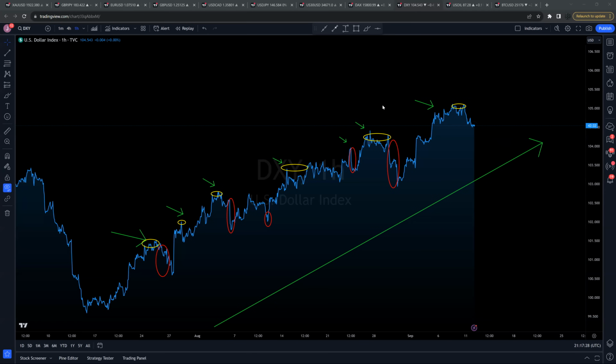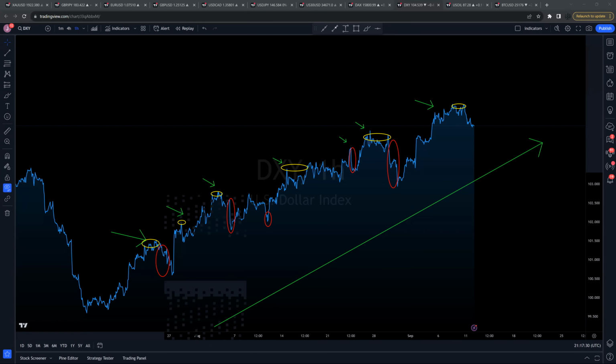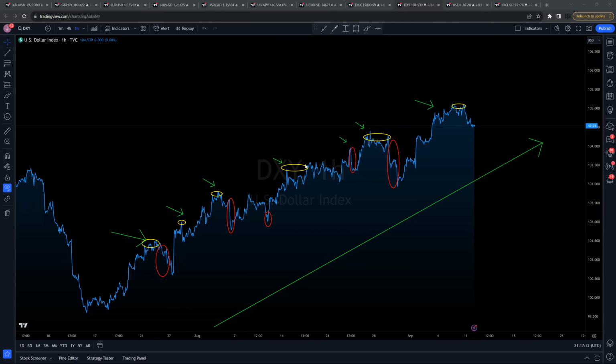When we're looking at dollar right here, dollar bulls are still in control, even if we come all the way back down into the 103s again. But our first area of interest we're really going to be looking at is, of course, around the 104s here, around previous intraday highs.